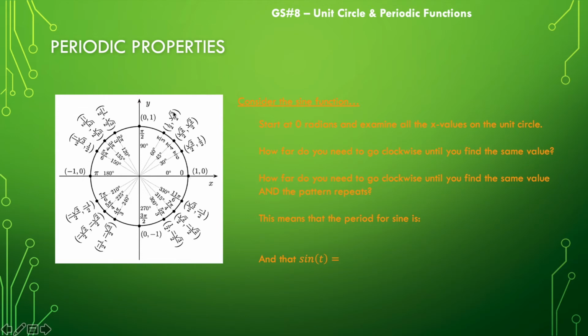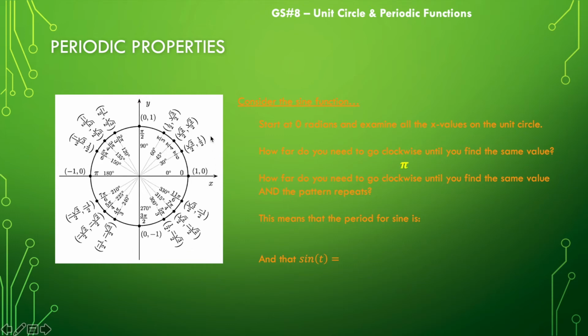So it takes me pi radians to get back to 0. But what's the next y value? The next y value after 0 is negative 1/2. But if I start at this 0, my next y value is 1/2. So I've got to have the same y value and the same pattern, but that's not going to happen until I go all the way around the unit circle once.